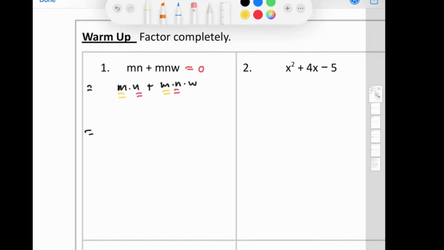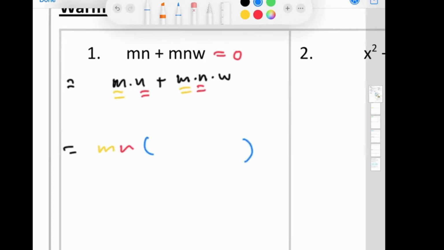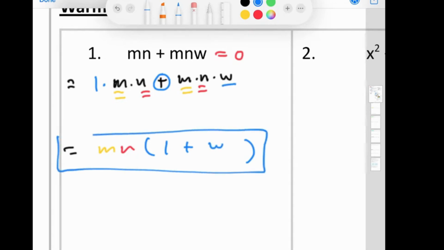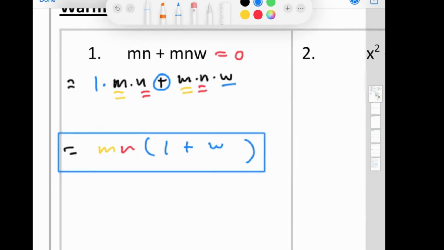I'm going to have this m and this n on the outside. Now pay attention. In the inside, up here, there's nothing left, so I'm going to put a 1 here. So that would be 1 plus, there's the plus, and then this one, w, is left. So here in this problem, all I had to do was just the greatest common factor.